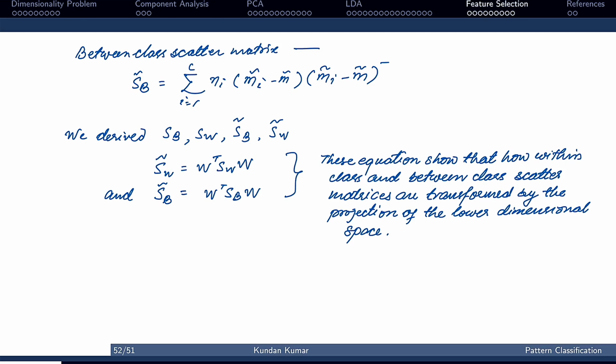Now how can we derive this relation? It's very obvious, so let us derive this.